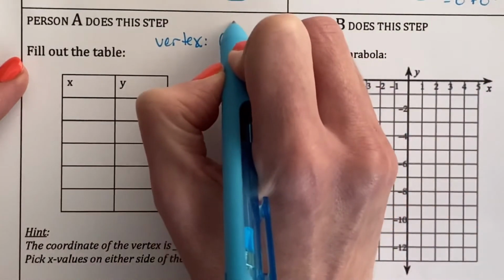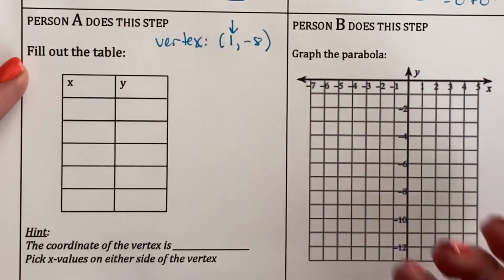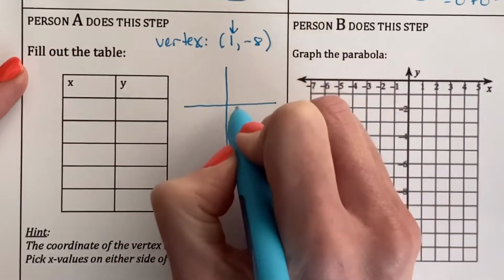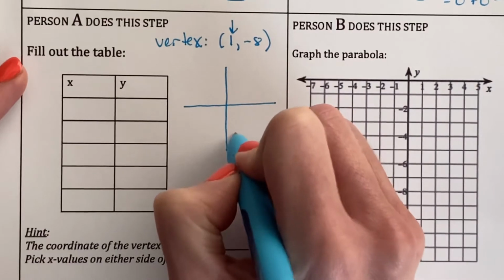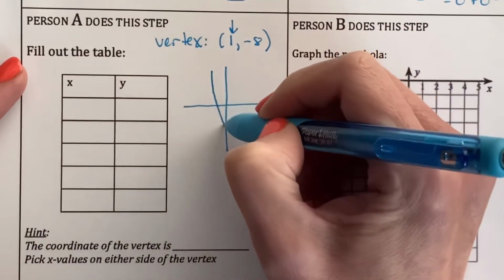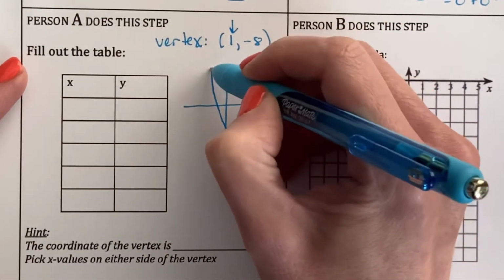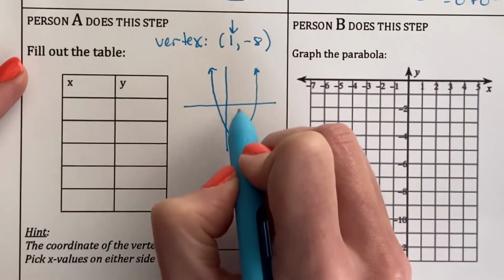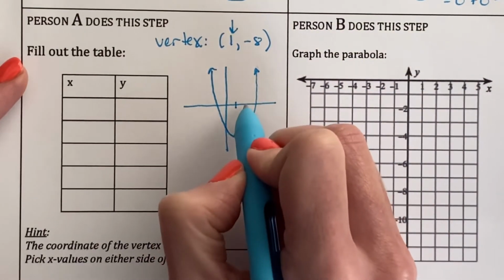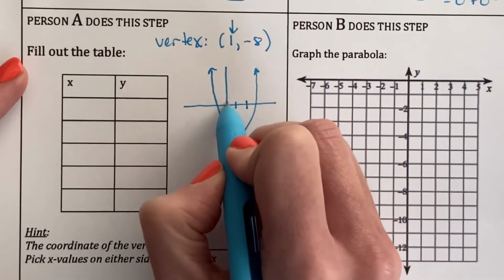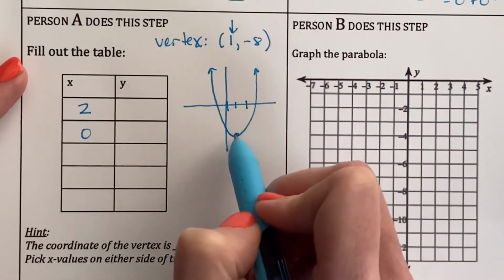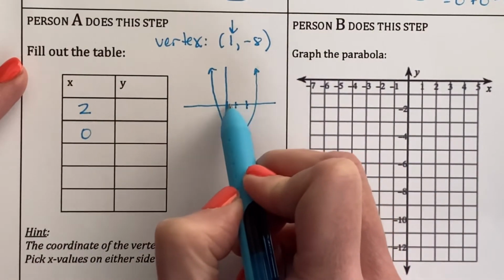So notice 1 is my x value. So all of my points, if I were to draw a really rough estimate of it, 1, -8 would be down here. It's going to look something like this. All of my points are going to be equidistant. So if this is 1, I'm going to pick 2 and 0, because they're both 1 away from the x coordinate.